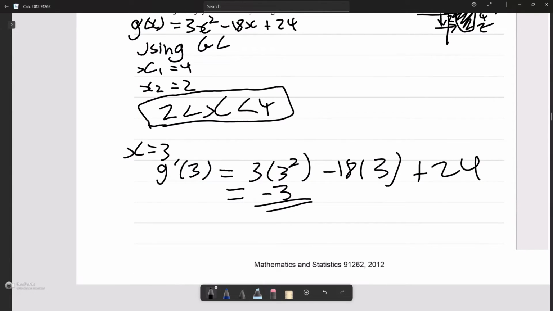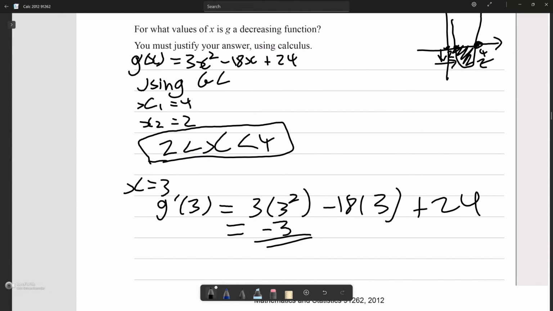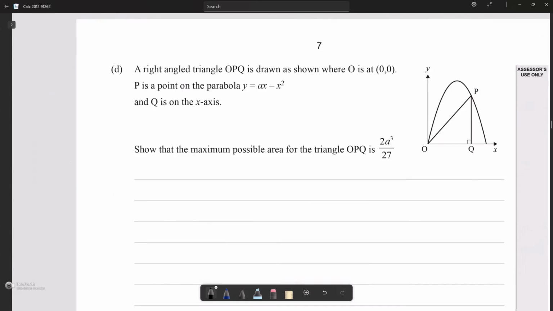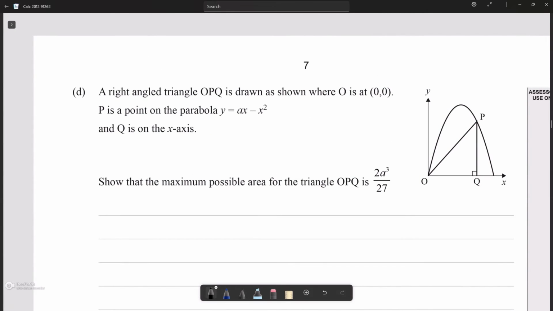So negative 3 is less than 0, so therefore it is a decreasing function.